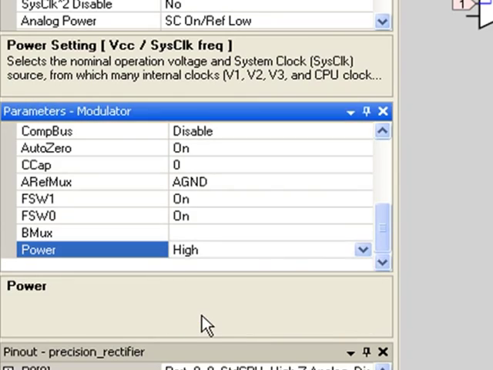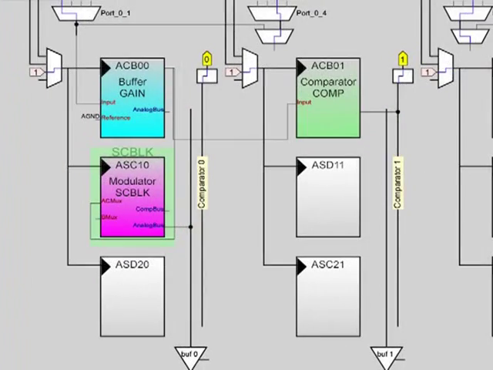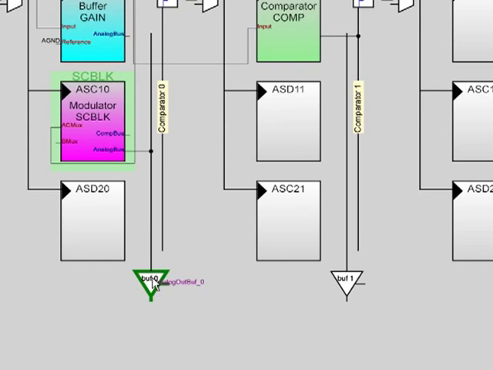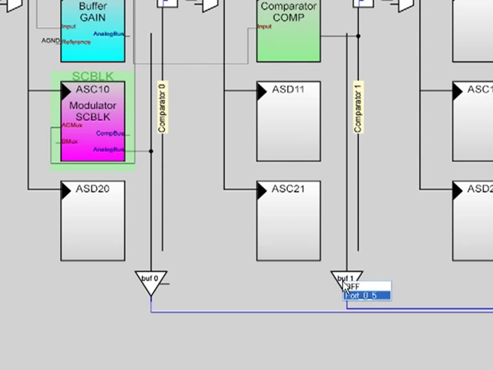Set the power to high. Next, enable the analog buffers on column 0 and column 1. Port 03 is to bring out the full wave rectified signal, and port 05 is for analog ground.